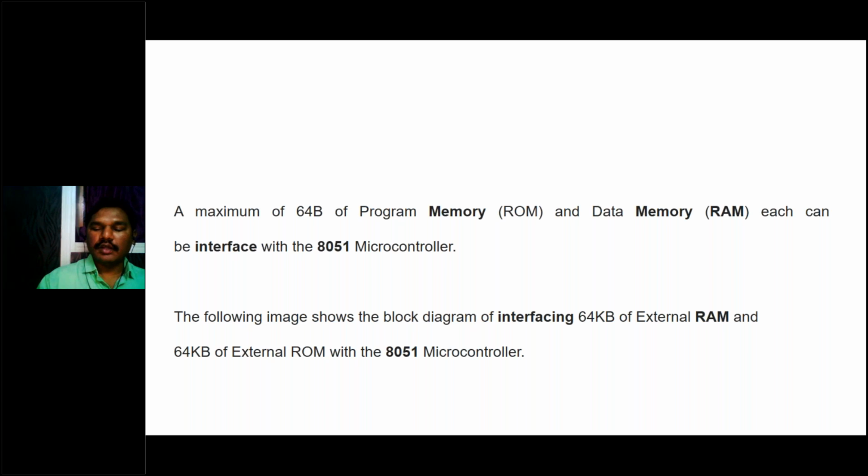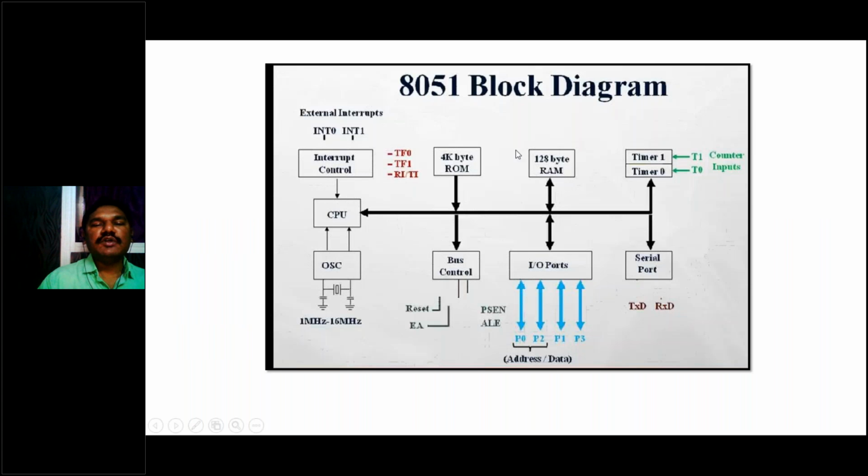But if you see this diagram, 8051 has on-chip 4 KB ROM and on-chip 128 bytes of RAM. Then, considering ROM, the remaining 60 KB can be interfaced with 8051. That must be connected outside of the 8051.